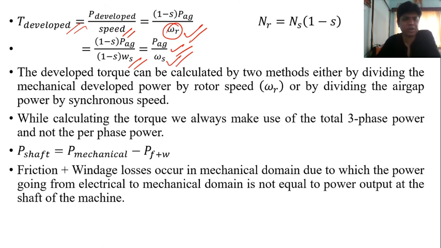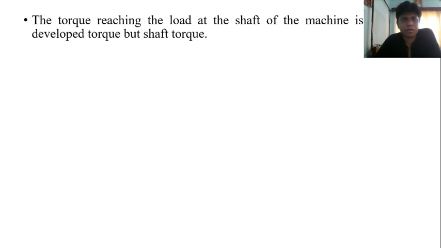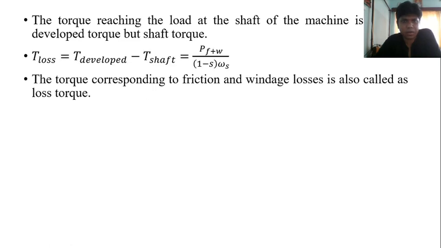Okay, so friction and windage losses occur in the mechanical domain, due to which the power going from the electrical to the mechanical domain is not equal to the power output at the shaft of the machine, right? So this is the expression of the shaft torque. Shaft torque is also called load torque. So the torque reaching the load at the shaft of the machine is not the developed torque but the shaft torque, right?